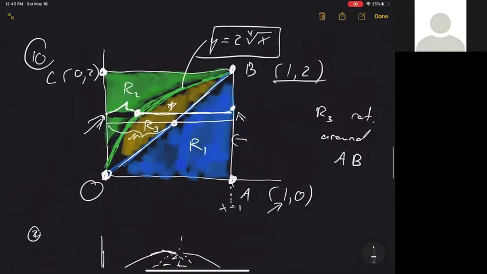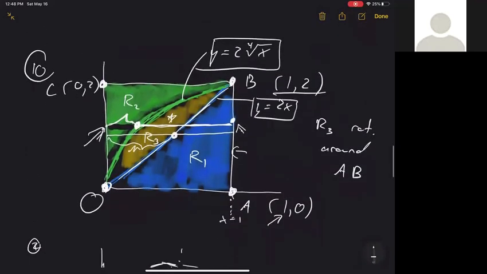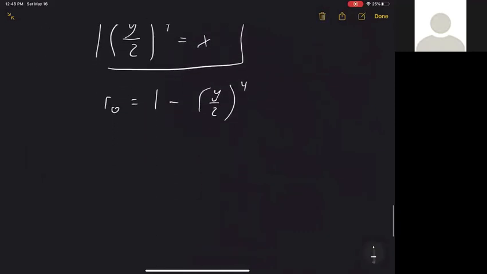So this curve should be y equals, what, 2x? All right, so for my inner radius, if y equals 2x, then y over 2 equals x. So my inner radius should be 1 minus y over 2.